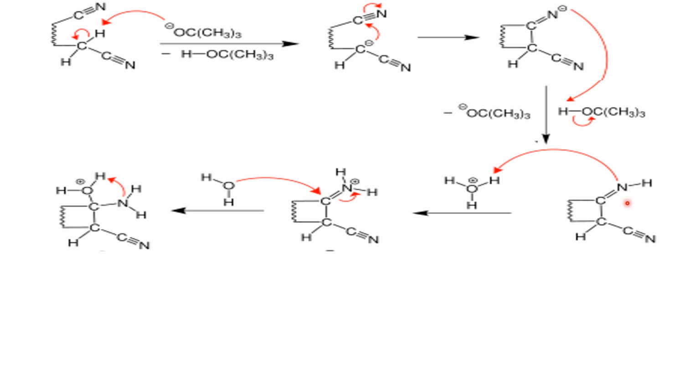This lone pair of electrons attacks H plus ion from the medium, or H3O plus ion, hydronium ion. See here, this nitrogen is having a lone pair of electrons. It attacks the H3O plus ion, or hydronium ion, so that this NH becomes NH2.